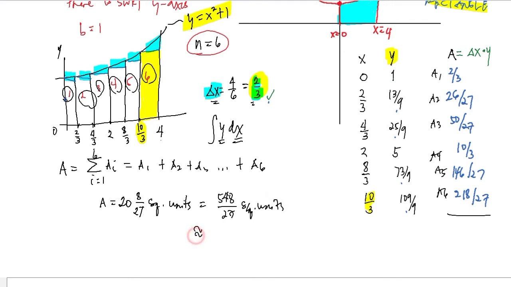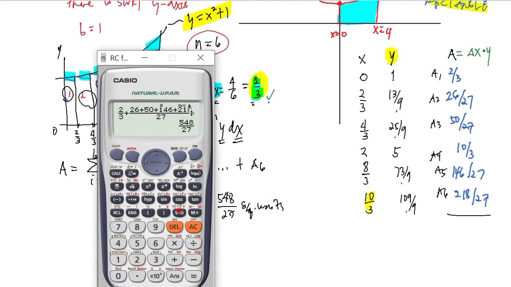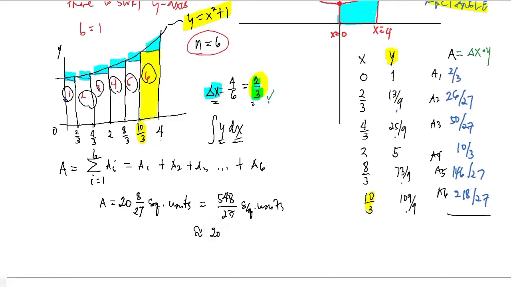And approximately, that is 20.30 square units. So, nakadepende po kung ano yung nandoon sa choices. Sa problem natin, nakadepende kung saan natin dadalhin yung sagot natin. Pero, equal naman tong mga to.